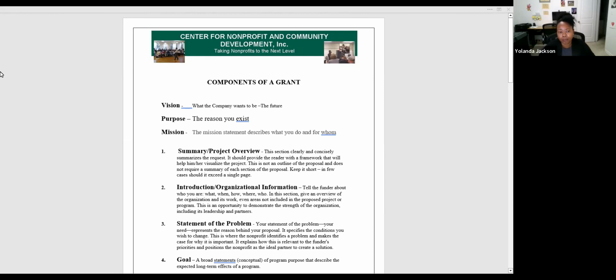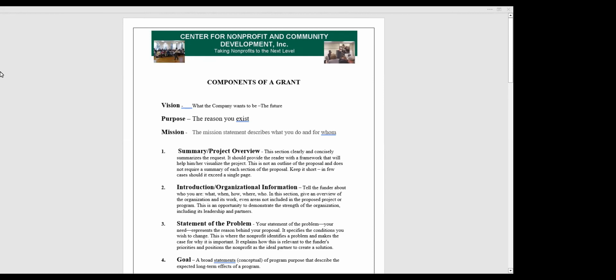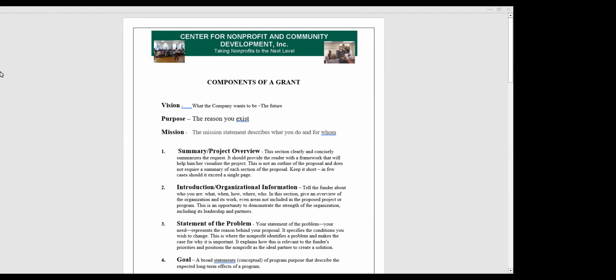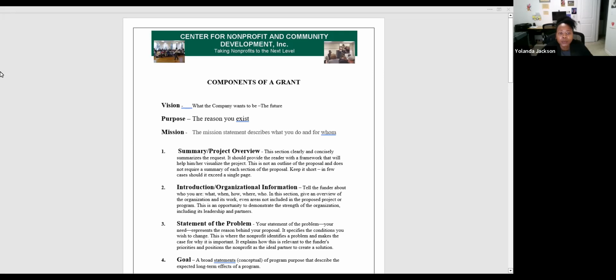Why is it important? Because if the funder cannot get past the summary, it's not going to read any other parts of the grant. And where do you think the summary is written? In the middle, at the beginning, at the end? Well, the summary, I guess at the end, because we're saying it's summarizing.